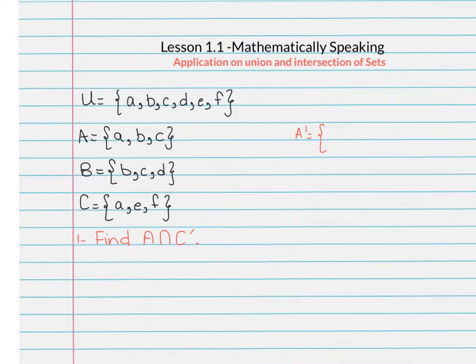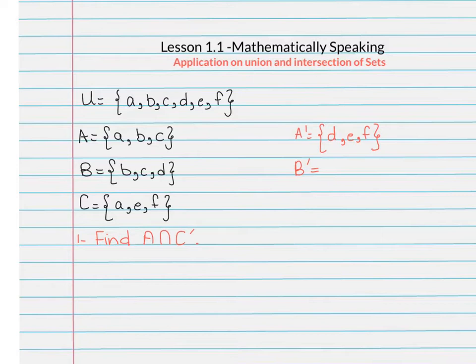So we refer to set A, it has element A. I need to cross it out from the universal set. It also has B and C. So we are left with D, E, and F, and this is the complement of A. Now I'm going to find the complement of set B, and that's B prime.